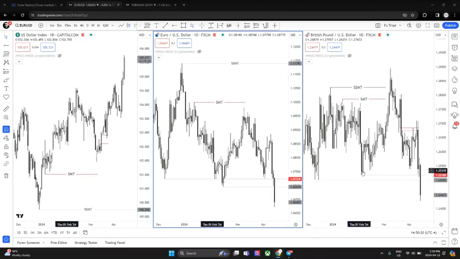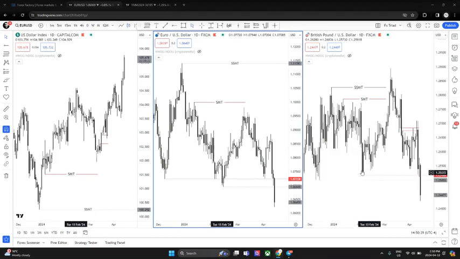Here, we had bullish SMT. You need to remember the magnitude effect.